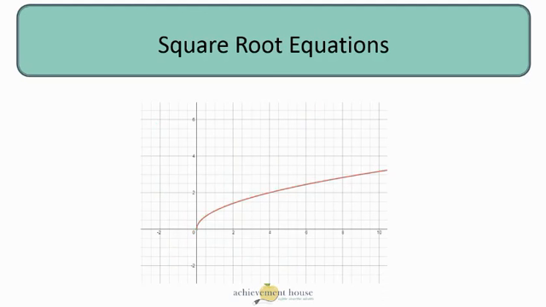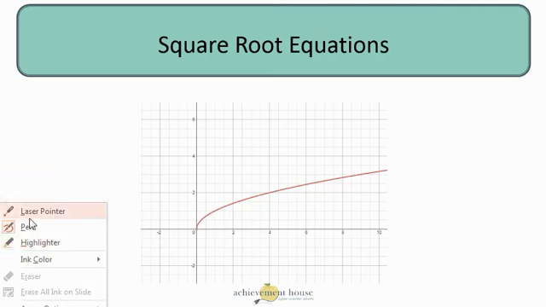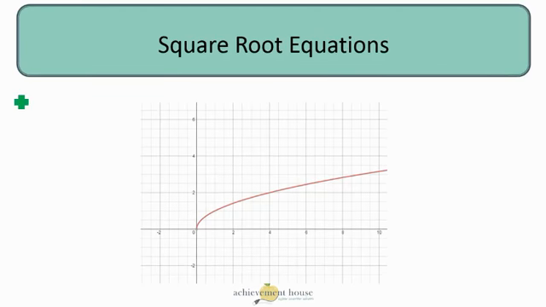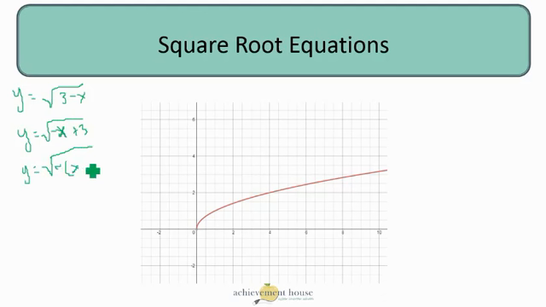Now in our problem, y equals the square root of 3 minus x, if we put that in the form y equals the square root of negative x plus 3, so there you go.